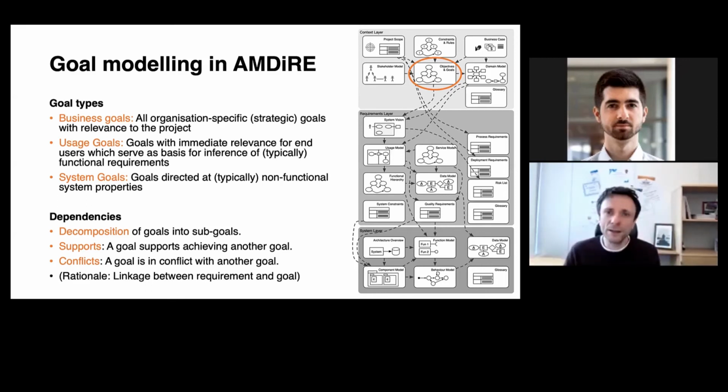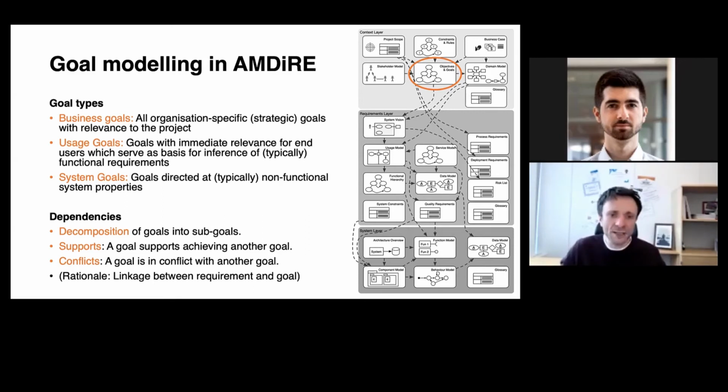For example, think of usability and safety in the healthcare sector. A system that is not usable is typically also not really safe to use. And the other one is conflict, where we say that achieving one goal might prevent achieving another goal. Usability and security is one such candidate.